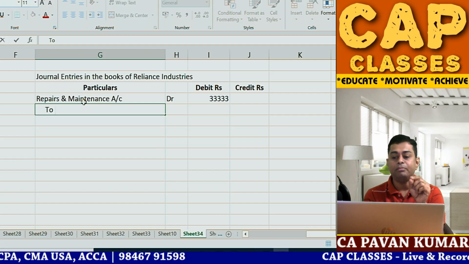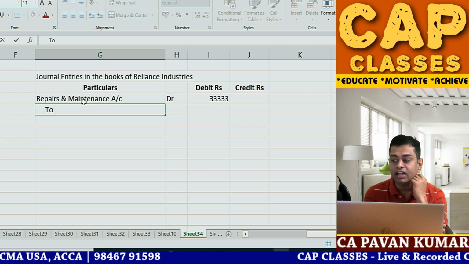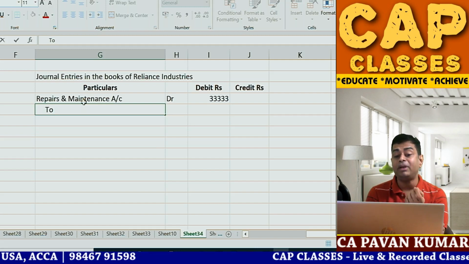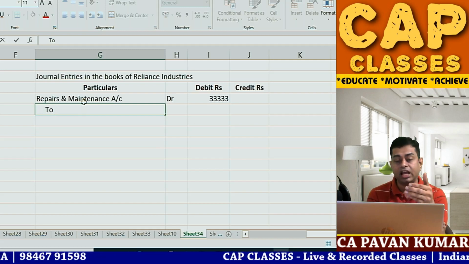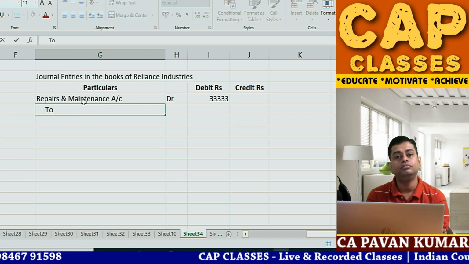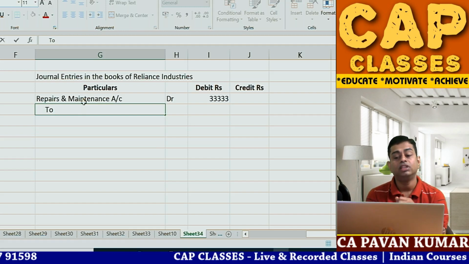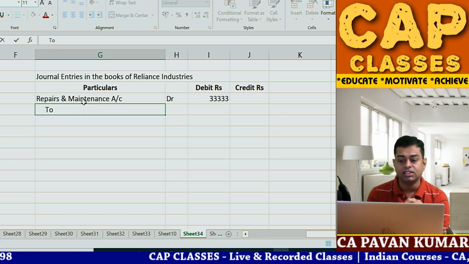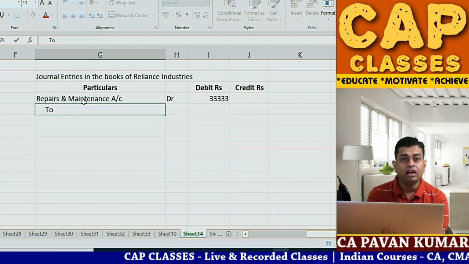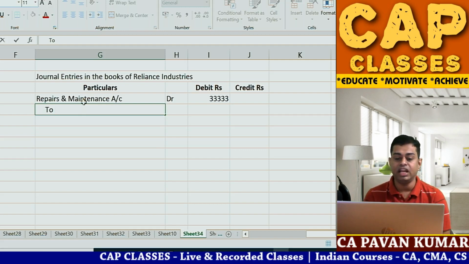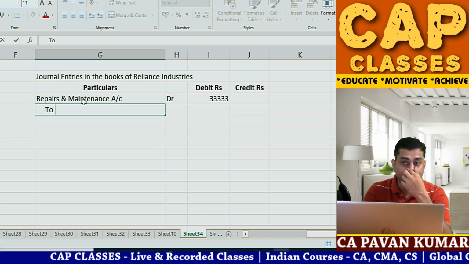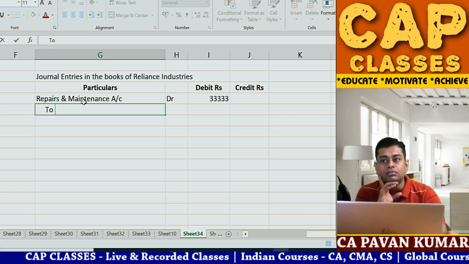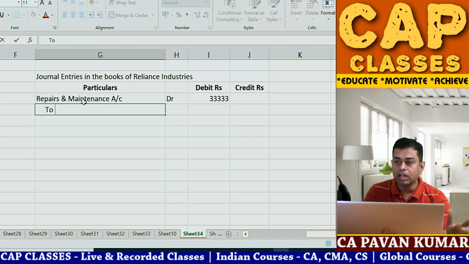If finally I pay in cash, which you might have studied in your CA Inter also, I will create a share-based payment liability. If finally I issue shares, I'll create a share-based payment reserve in equity. Now you tell me, should I create a liability account or a reserve account?